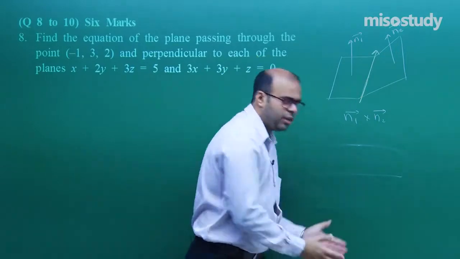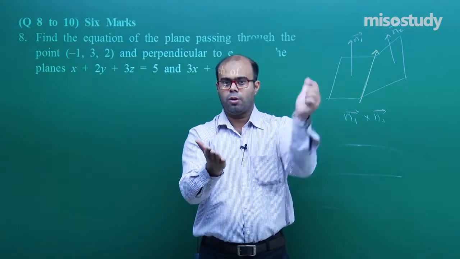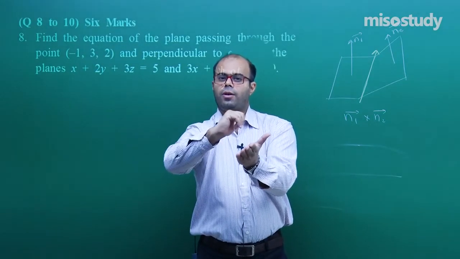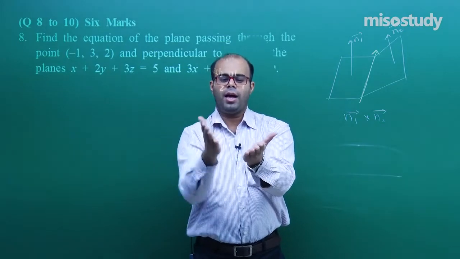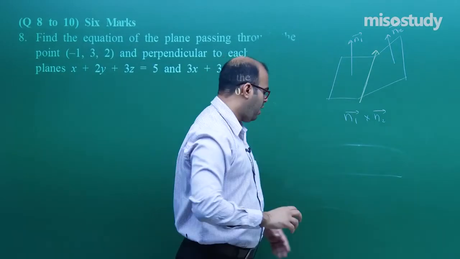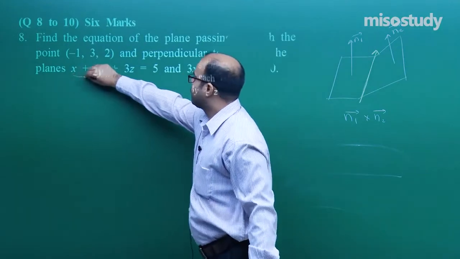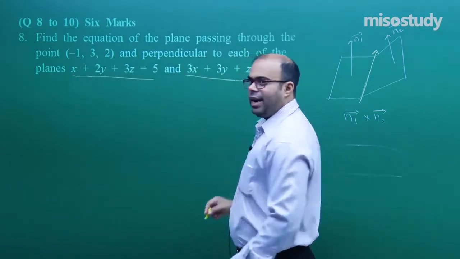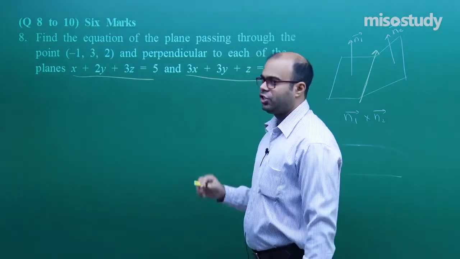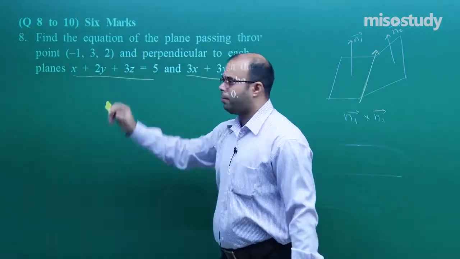Just try to understand, these two planes are there and this is a normal vector, this is a normal vector. I am taking the cross product of this normal vector with this normal vector. So the thumb will be along the line of intersection of these two planes. So first we have come to the conclusion that if these two planes are intersecting at some line, then we can find that line and its direction. Now we have to find the equation of the plane perpendicular to each of the planes.